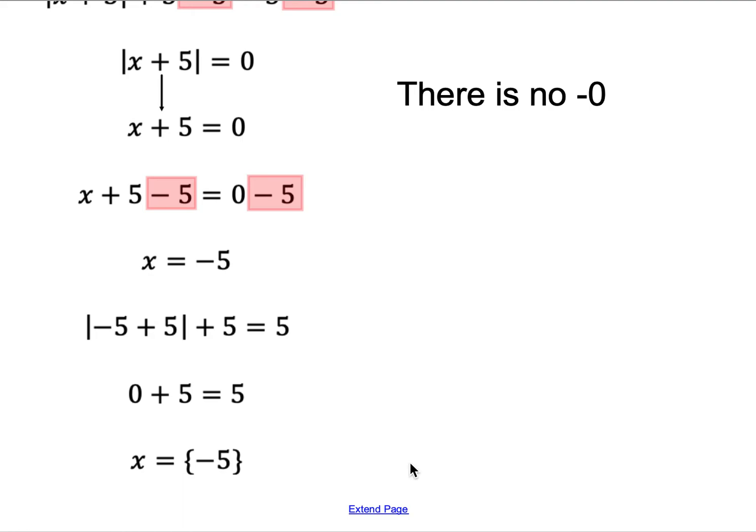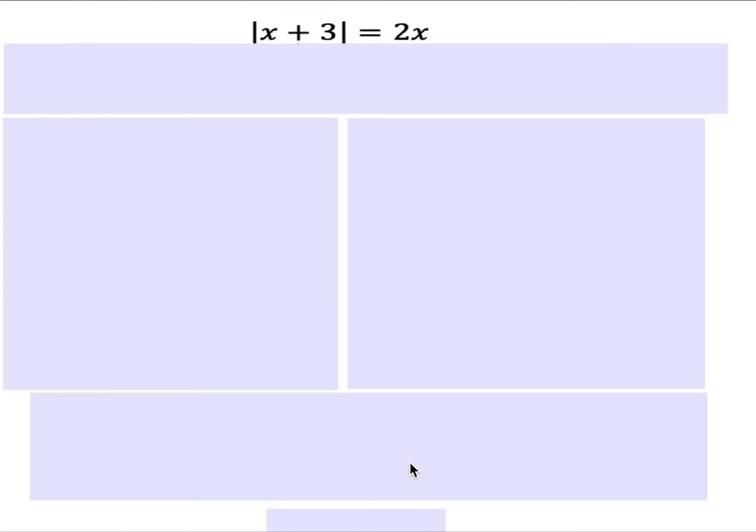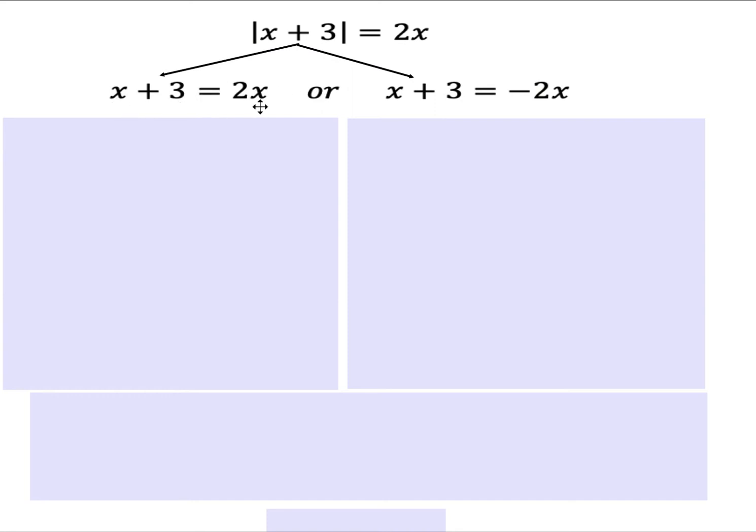Okay, next one. This one has an x on the other side, so we are not sure at this point how many solutions it will have. Absolute value x plus 3 equals 2x. Let's split that out into x plus 3 is 2x and x plus 3 is -2x. Solving this one first, I think we ought to get this x and move it over there.